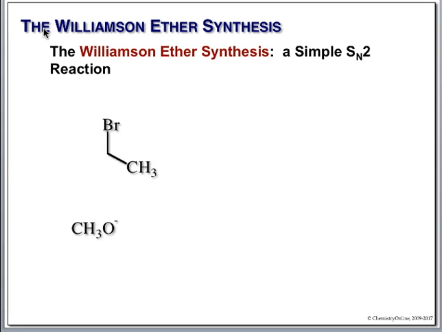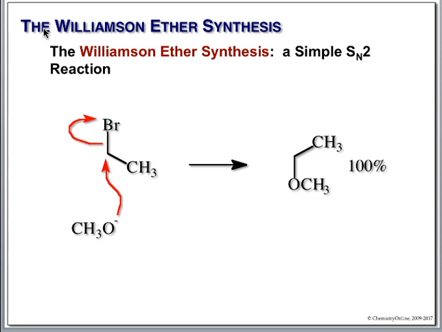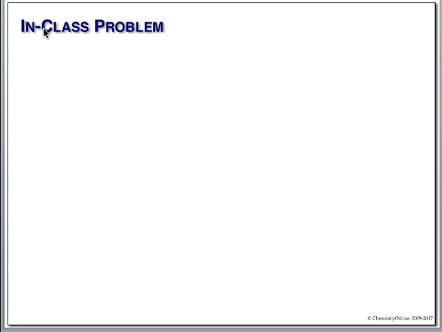All that's going to happen is the oxyanion will attack the carbon, an SN2 reaction, and you get virtually quantitative yield of the corresponding ether. Williamson ether synthesis is very simple. The alkoxide displaces the leaving group, and you make a new bond. Any questions? Well, let's do some.